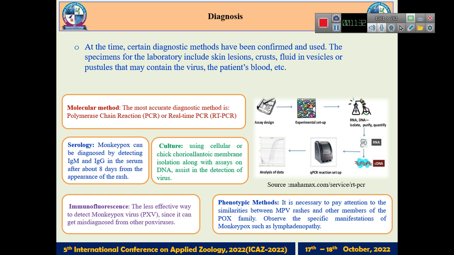Molecular methods: the most accurate diagnostic method is polymerase chain reaction (PCR) or RT-PCR.